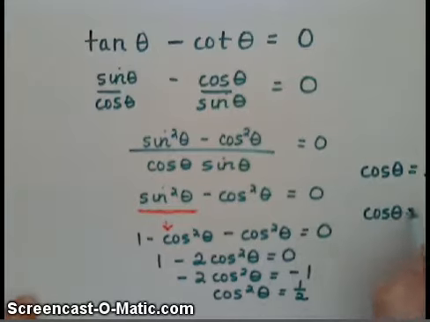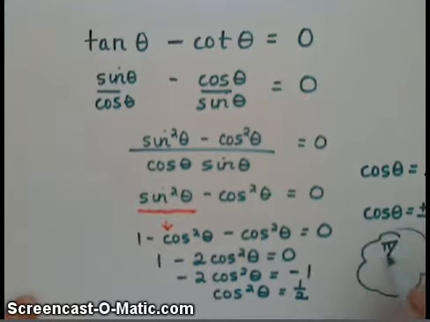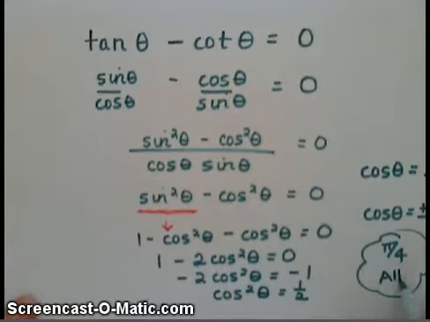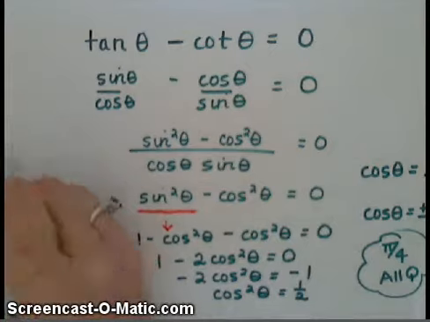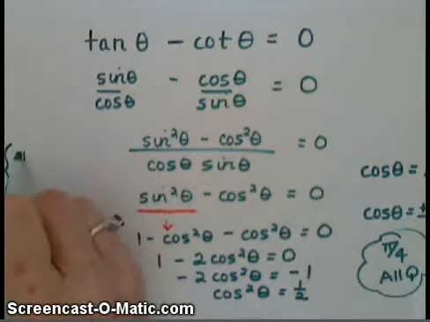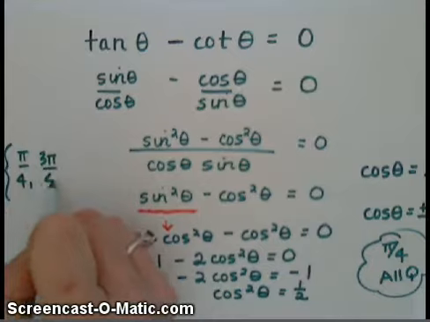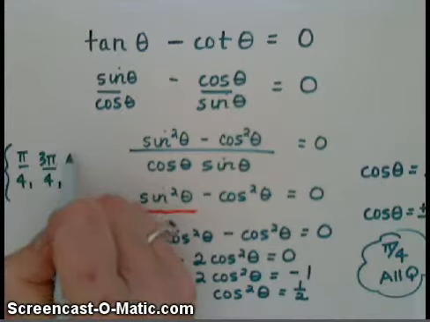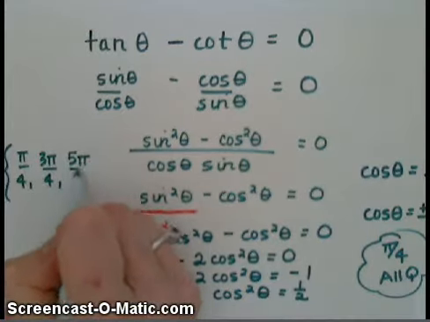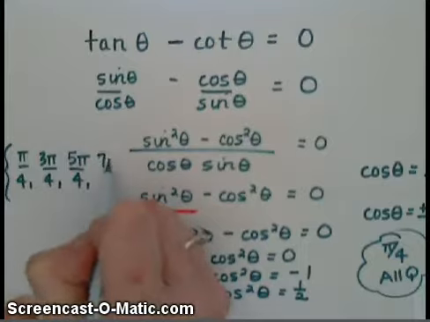Cosine theta equals plus or minus square root of 2 over 2. You recognize that as pi over 4's in all quadrants. And so the answers would be pi over 4, 3 pi over 4, 5 pi over 4, and 7 pi over 4.